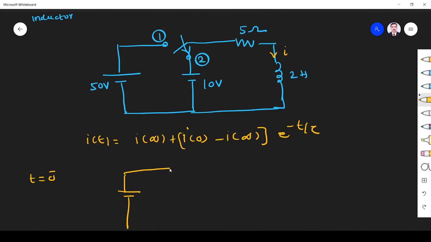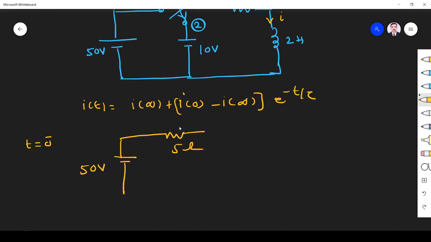5 ohm, 50 volt. And I told you, when we apply steady state voltage, the inductor will be short. So it will be like this. So it is the current through the inductor. Now what is the current through the inductor?